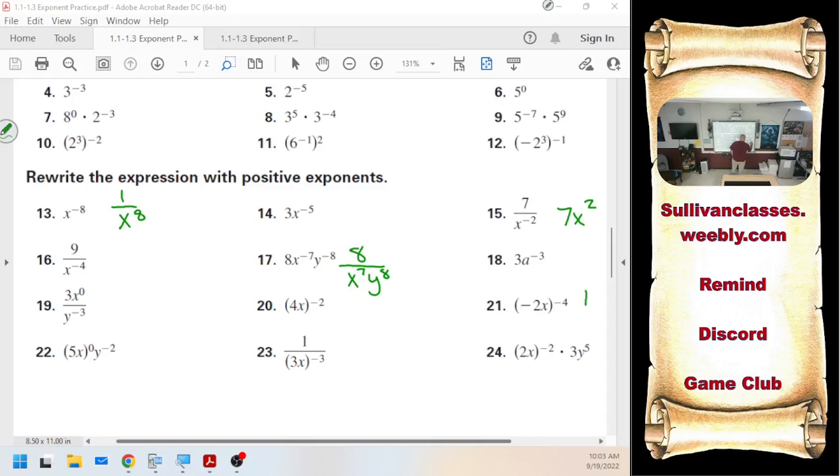This is 1 over 16x to the 4th. This is 27x to the 3rd. And then we had 3y to the 3rd. That's all my odds, right? Here's all my odds. Check yourself.